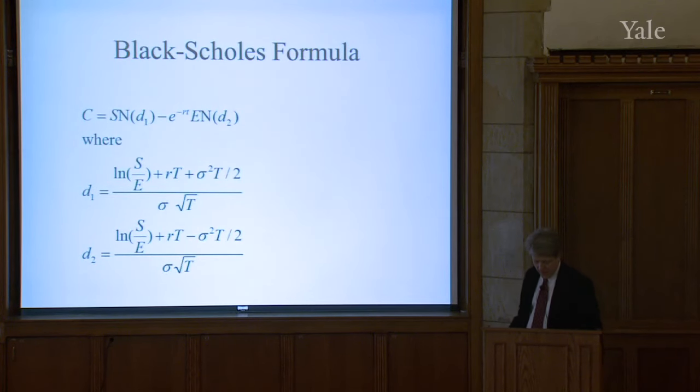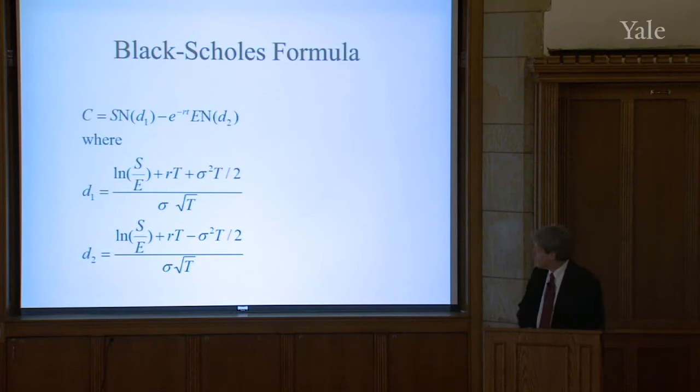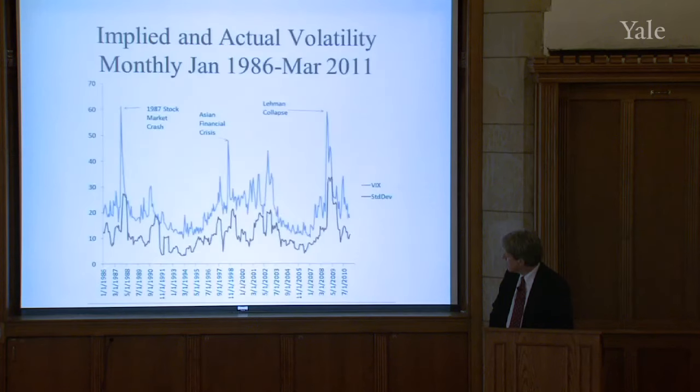So implied volatility is the options market's opinion as to how variable the stock market will be between now and the exercise date. So one thing we can do is compute implied volatility.